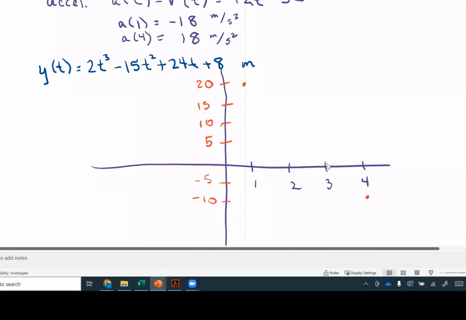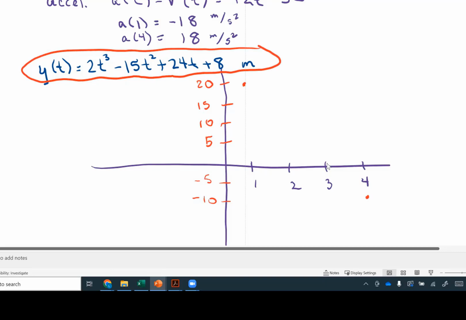I know when t equals 0, I'm at 8 meters, because here's my function that I'm graphing. If you plug in t equals 0, you'll get 8 meters. So I know it's starting somewhere around here. And it's obviously going up, then it's coming down. That's my minimum value.